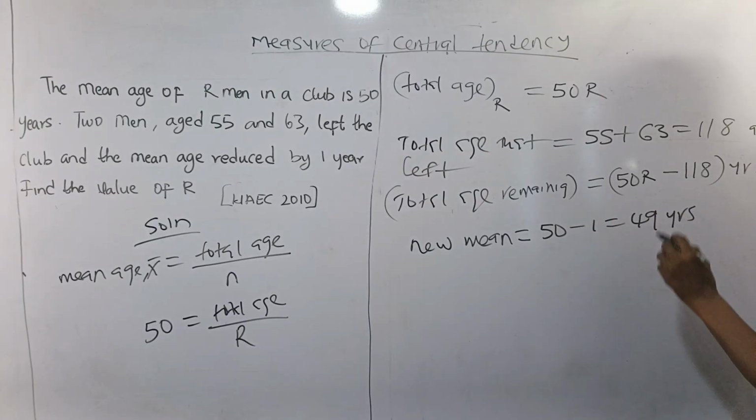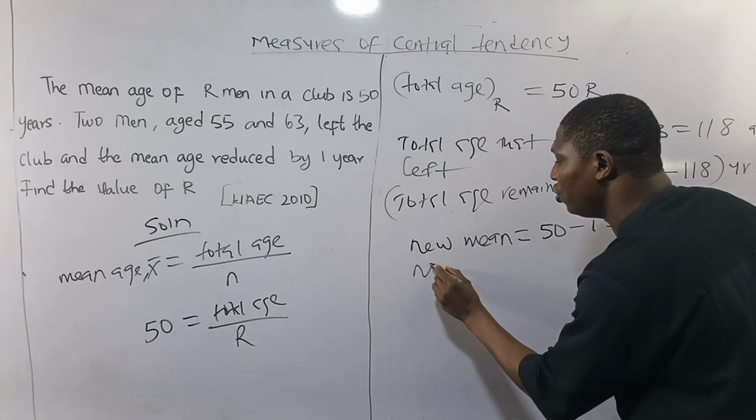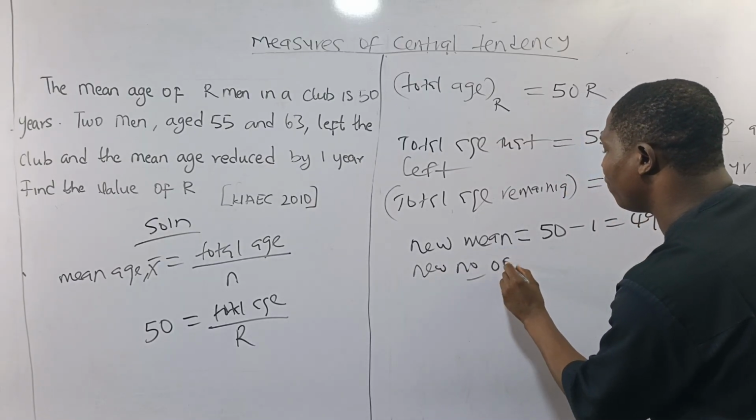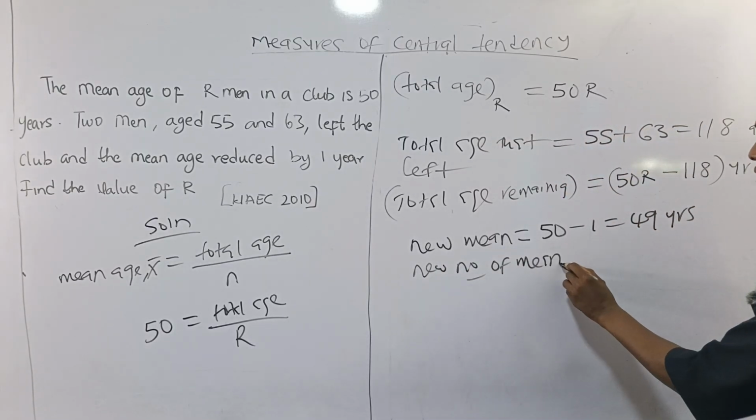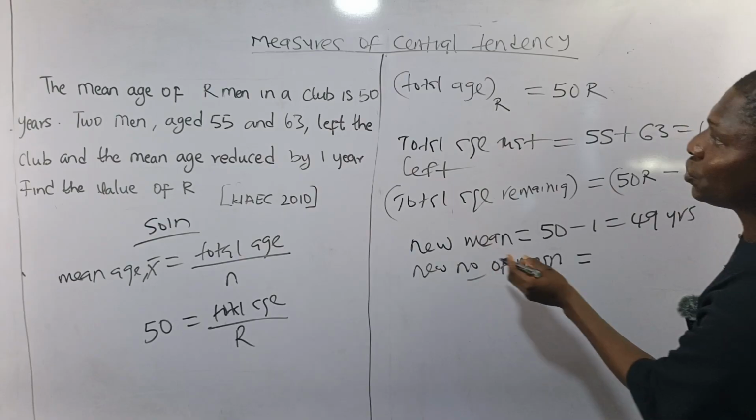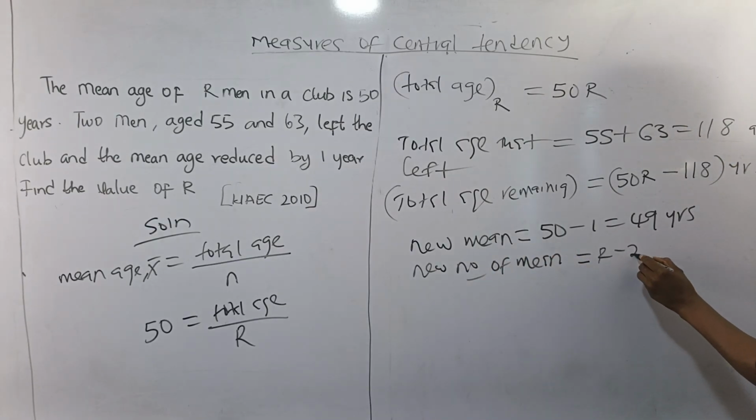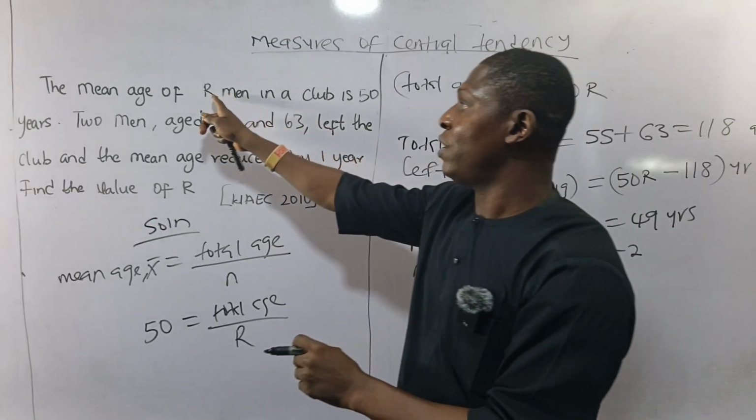Now, the new number of men is equal to what? 2 left, so we have n minus 2, because the total number of men was n at first.